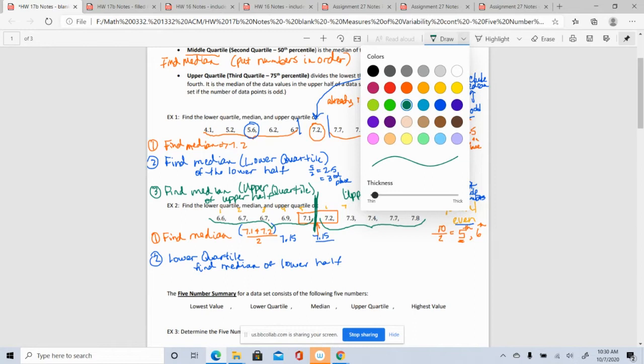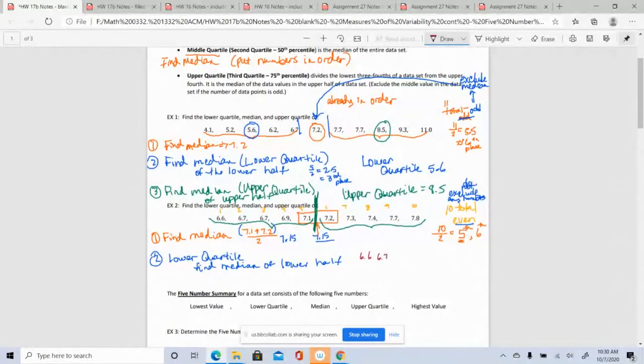6.7. It's right in the middle. So you got to kind of see it. Maybe even want to pencil that in: 6.6, 6.7, 6.7, 6.9, and 7.1. Out of all of those, the one in the middle is here. Now, because there's 5 numbers, that's an odd number.